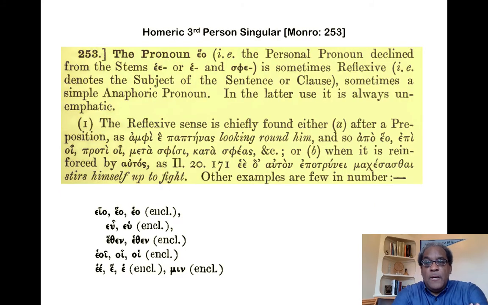But the overall glance at the phenomenon of this use of the third person singular is seen in section 253 of Monro, where he says the pronoun heo, i.e. the personal pronoun declined from the stems he and sve, is sometimes reflexive, i.e. denotes the subject of the sentence or clause, and sometimes a simple anaphoric pronoun.